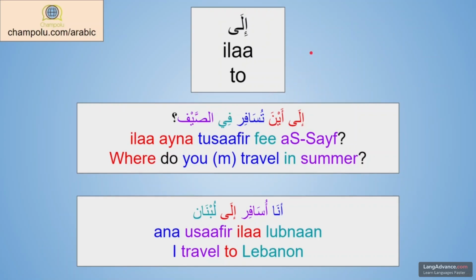And then we talk about some examples for the word ila, which means to. So we can also use it for questions, something like, where do you travel in summer?